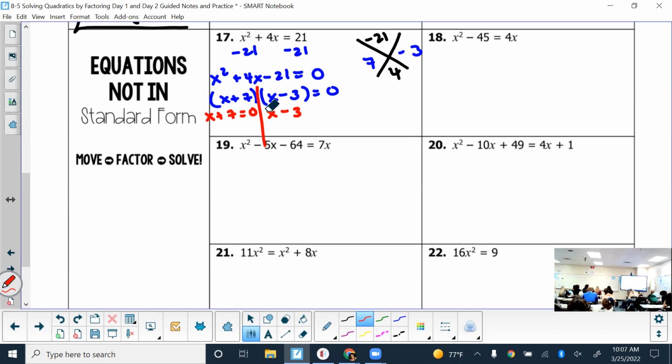Set each factor equal to 0 and solve for x. When they're short like this, I'm sure a lot of you do this in your head, but either way, get the x by itself. So in the first situation, you need to subtract 7 to get rid of it. So what's one of my x's?